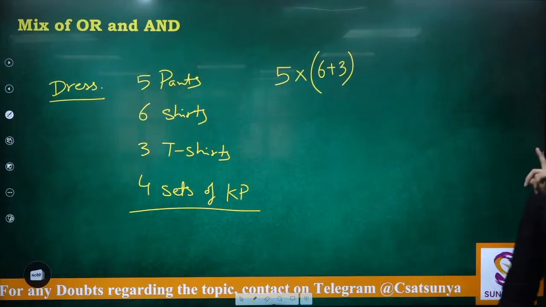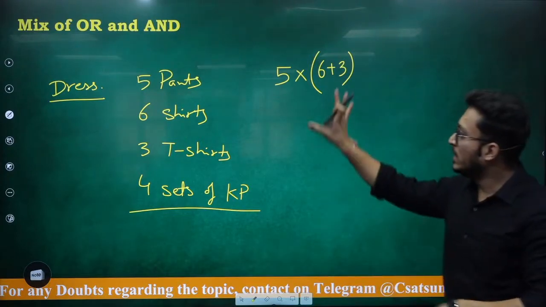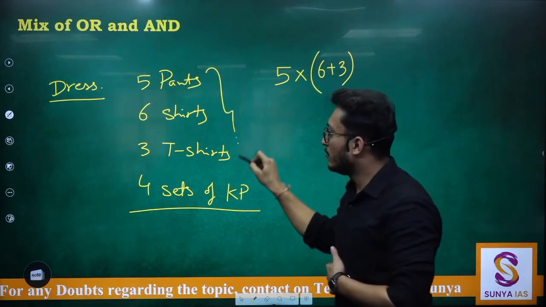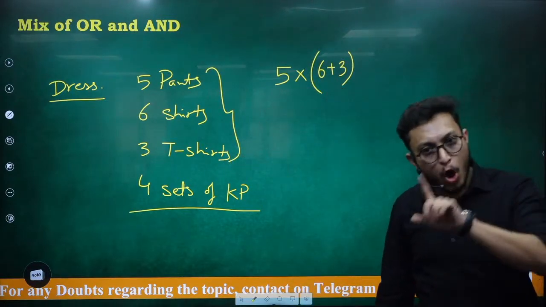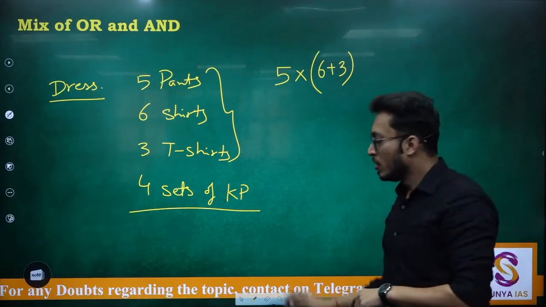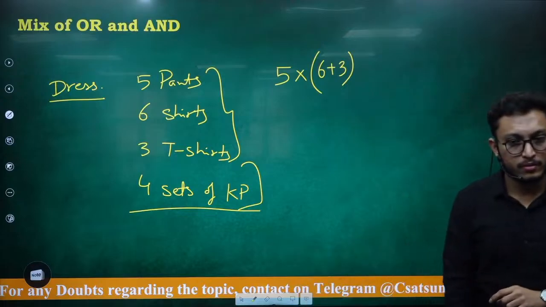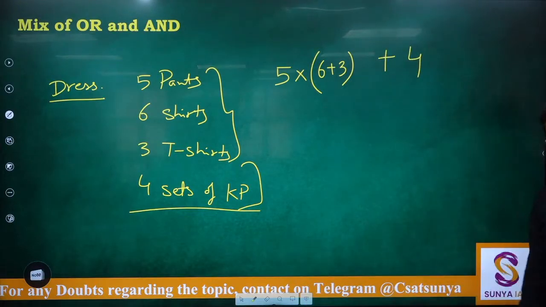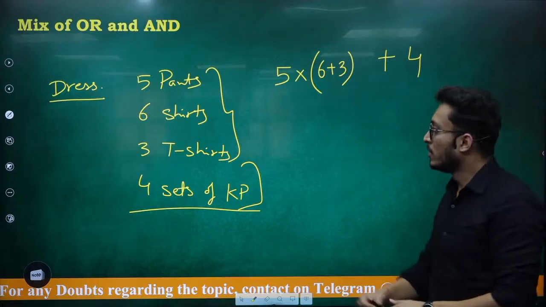I'll explain, whoever doesn't understand, I'll repeat. So either I'll wear this, either I'll make a combination from this, or see, I am focusing on this thing, and or I'll wear this plus 4. What will you wear?